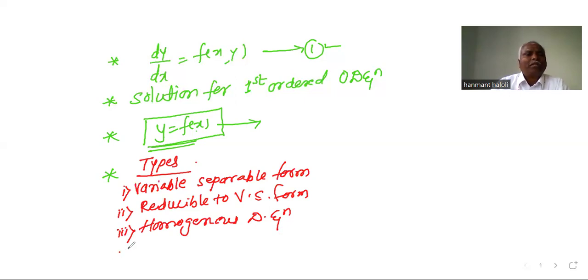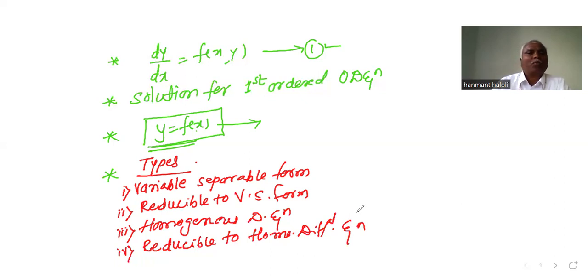Fourth is reducible to homogeneous differential equation. Homogeneous equations.